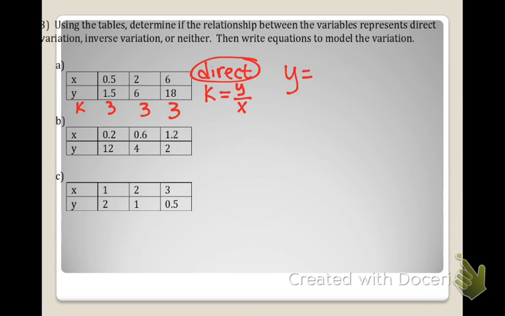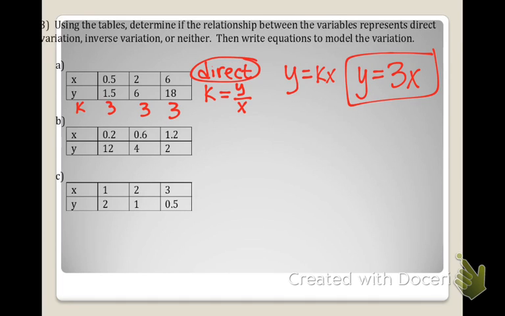For direct, y equals kx is our general form. So when we plug our k in, it becomes y equals 3x. Okay, so it was direct variation. So therefore, the equation that models it is y equals 3x. Questions, concerns?